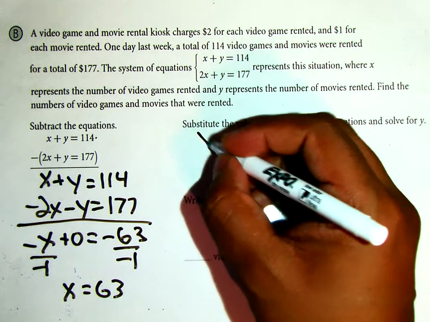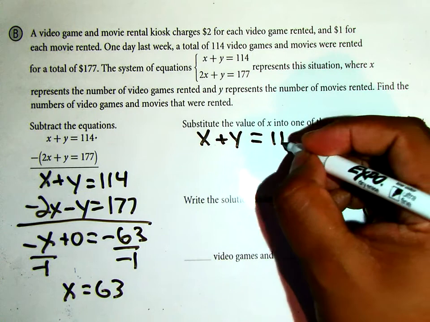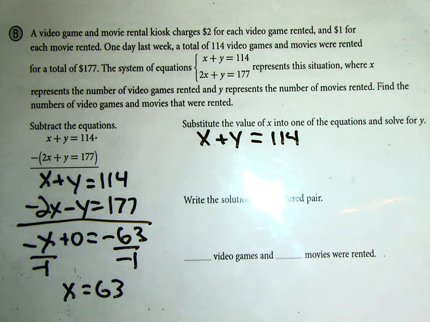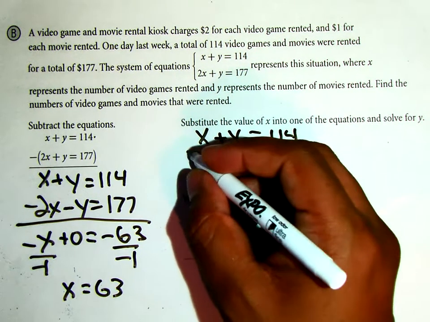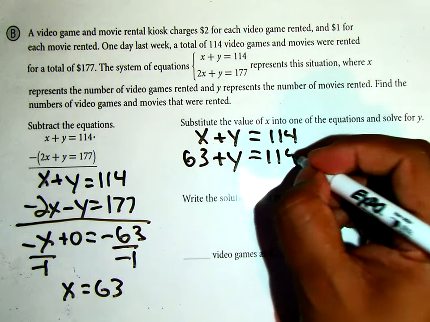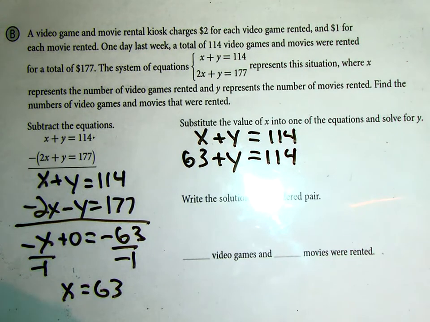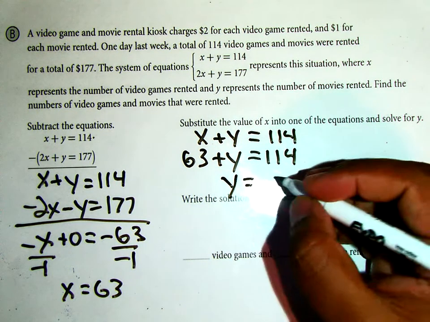I'm going to plug it into this one. That makes it extremely easy. So I've got x plus y is equal to 114. All right, now I'm going to plug in the 63 for my x. And then once I subtract 63 on both sides, y is going to equal 51.